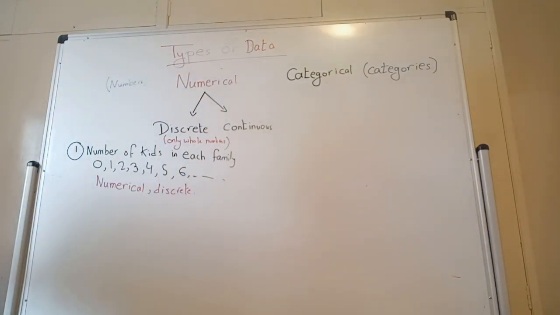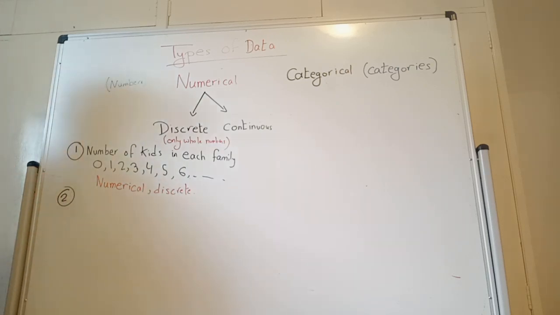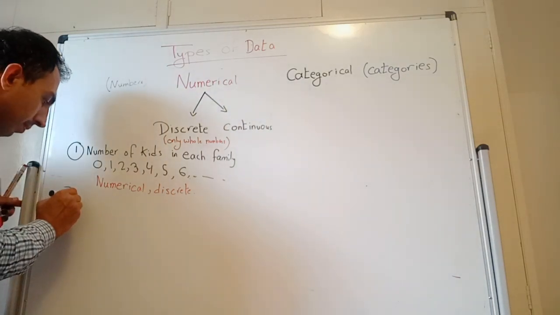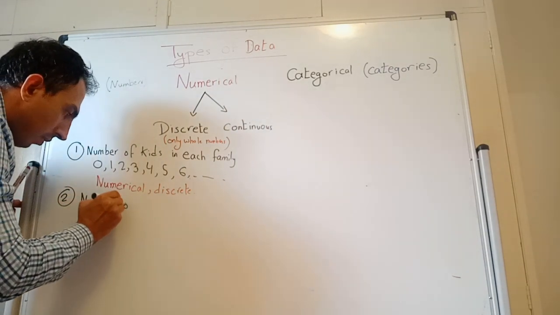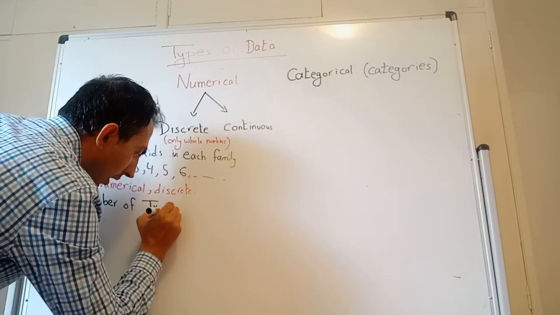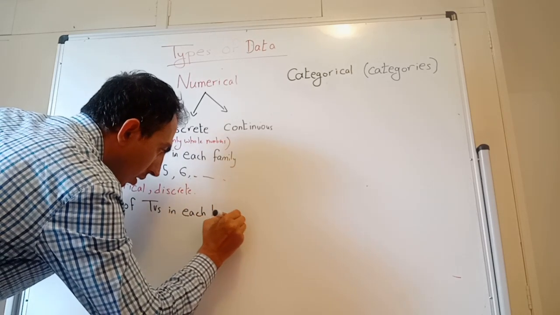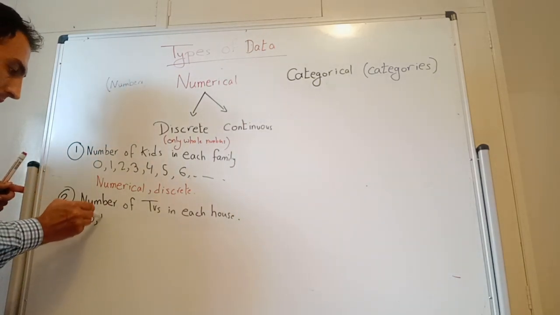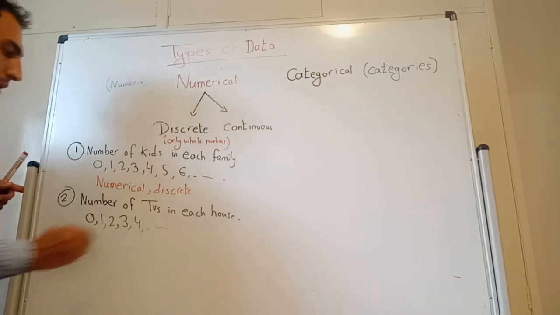Number two, if I say I want to study number of TVs in each family, or of cars in each house. It can be 0, it can be 1, it can be 2, 3, 4, and so on.